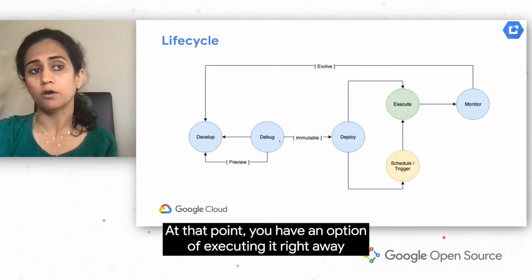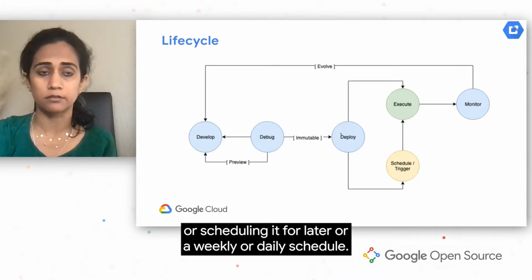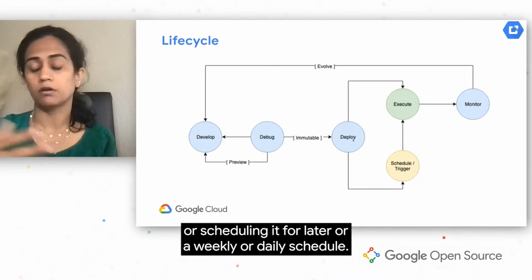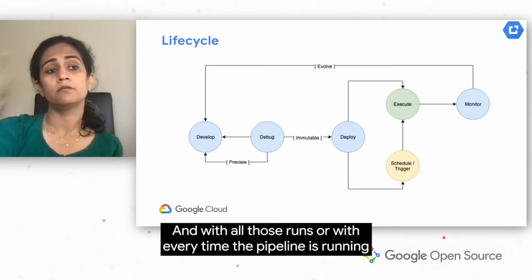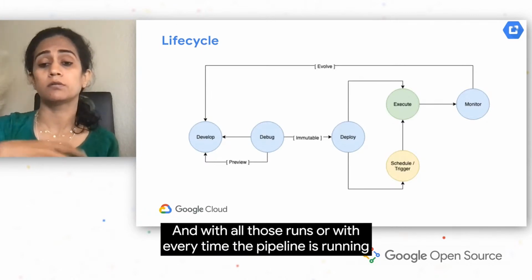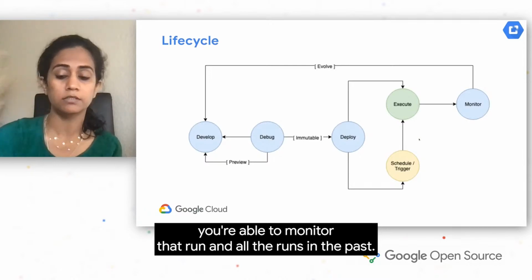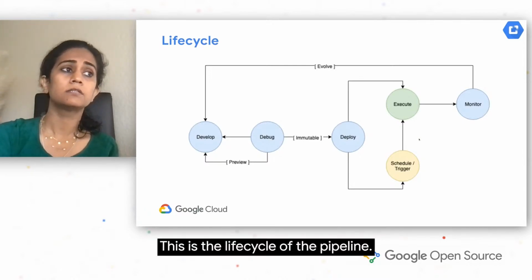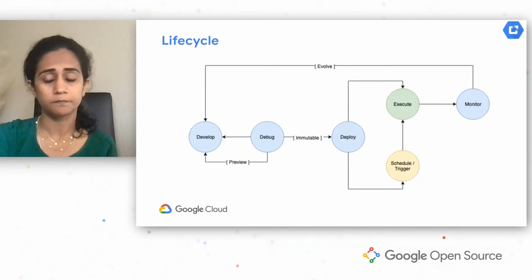At that point you have an option of executing it right away or scheduling it for later, weekly or daily kind of a schedule. And every time the pipeline is running, you're able to monitor that run and all the runs in the past. And this is the life cycle of the pipeline.